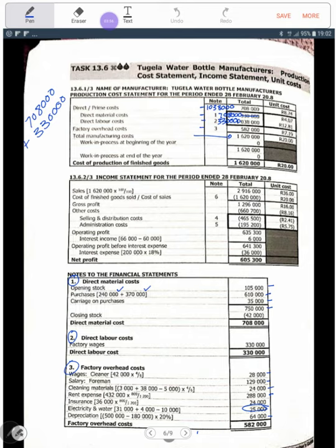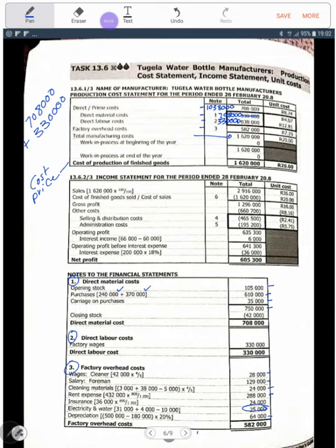There's obviously no work in progress at the end of the year, so nothing to add and nothing to subtract at the end of the year. So our cost of production of finished goods is worth 1,620,000. Now remember, ladies and gentlemen, this is your cost price of the goods that you have produced during the year.